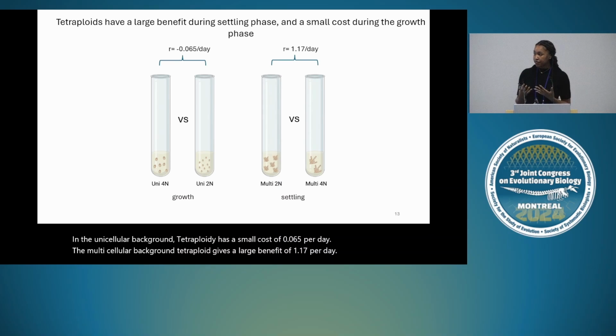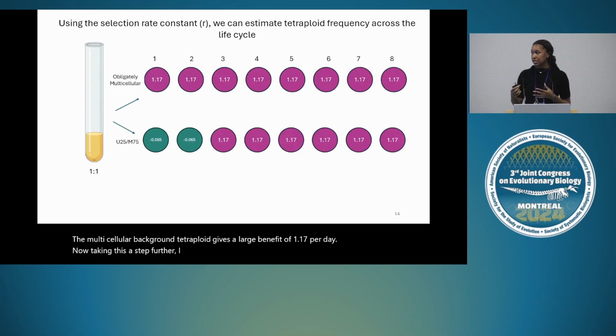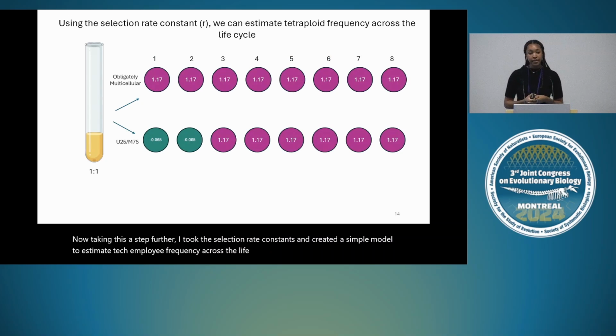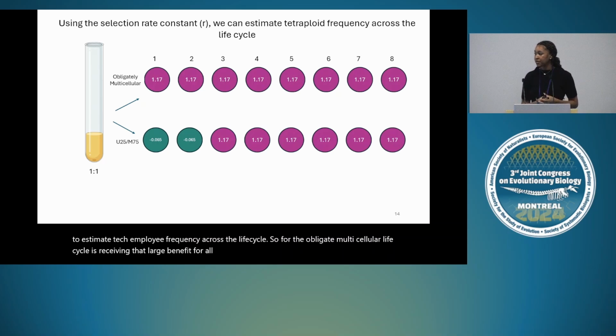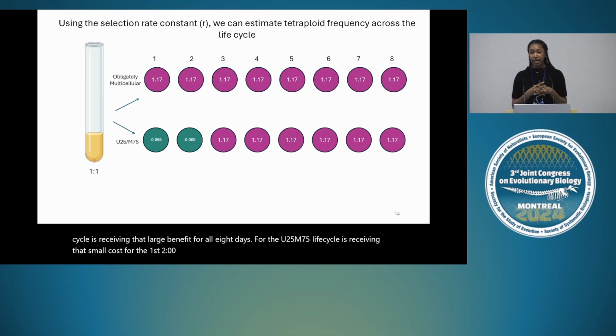Now, taking this a step further, I took the selection rate constants and created a simple model to estimate tetraploid frequency across the life cycle. So for the obligate multicellular life cycle, it's receiving that large benefit for all 8 days. For the U25-M75 life cycle, it's receiving that small cost for the first 2 days, followed by that large benefit for the remaining 6 days.